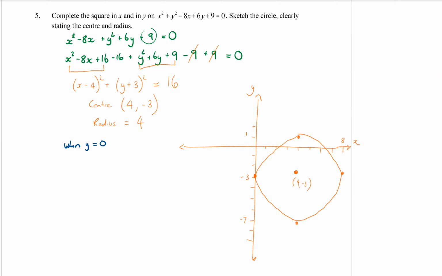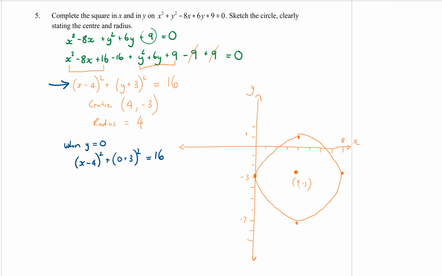Actually, let's put it into this one. So that's going to be x minus 4 in brackets squared plus, y is 0, so 0 plus 3 in brackets squared equals 16.